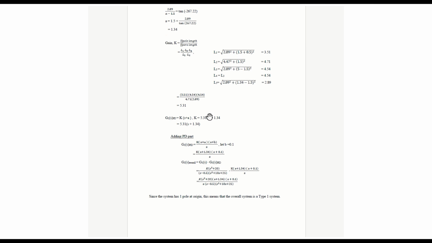So we use the formula of the product of pole lengths from the desired pole location divided by the product of zero lengths from the pole location. We only use the Pythagoras theorem here, and then we get our value of gain K needed, which is 5.31. After we get this value of gain K, we substitute everything into the equation of PD.